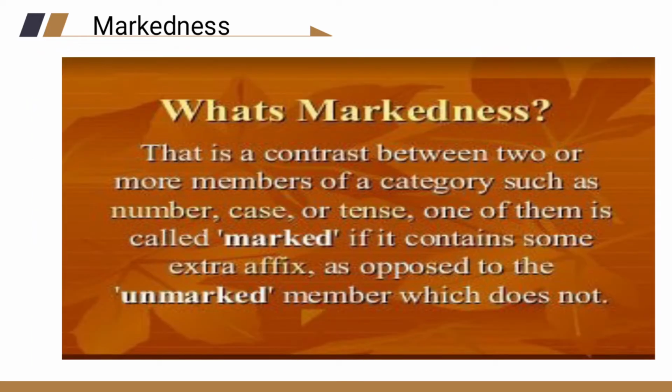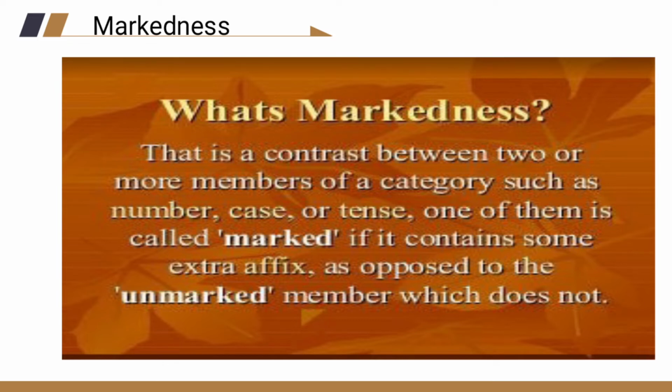So now let's proceed to markedness. What is markedness? That is a contrast between two or more members of a category such as number, case, or tense. One of them is called marked if it contains some extra affix, as opposed to the unmarked member which does not. Okay, that's the definition of markedness.